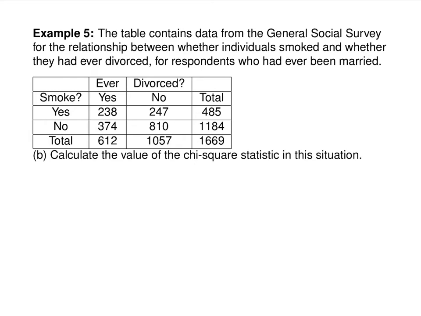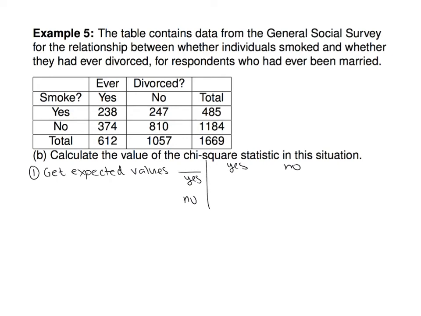Okay, calculate the value of the chi-square statistic. Well, this is a big step, because finding the chi-square statistic means you have to first find the expected values. So first thing you should do here is get the expected values. We're going to have the yes and the no for smoked, and the yes and no for divorced.